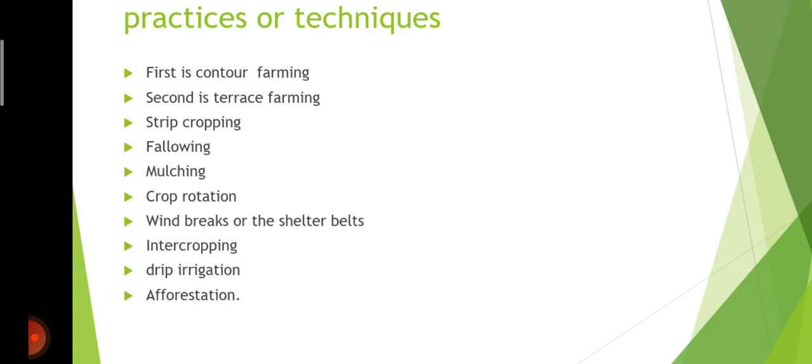Wind breaks or shelter belts. In the desert areas, shelter belts are planted to check the blow of the winds, so the wind's speed slows down. In this way, we can conserve the soil from erosion.